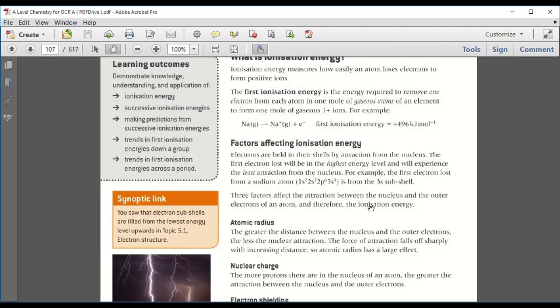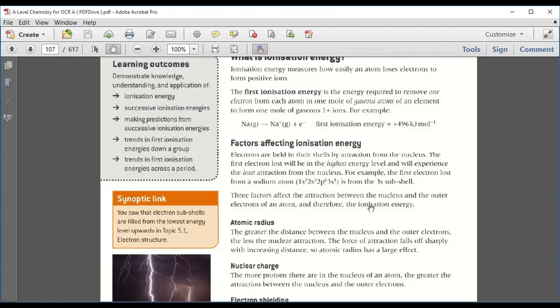The more the force of attraction from the nucleus, the more ionization energy we require. That is what we have studied. Whatever factors affect the force of attraction on the electron will also affect the ionization energy. Is that relationship clear?